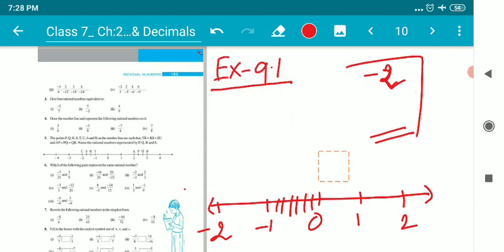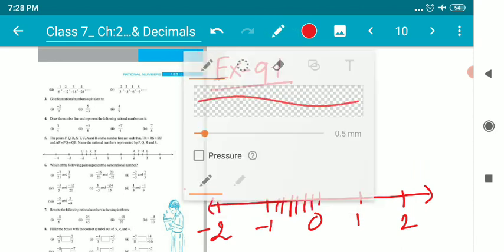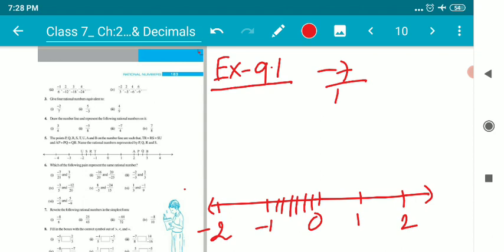Suppose, children, we take minus 7 by 4. Where does this number exist? Don't look at the minus sign, children. What is the number actually?